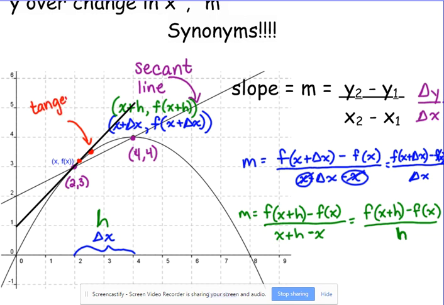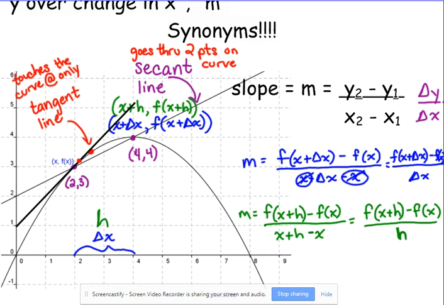The tangent line is different from the secant line. The secant line goes through two points on the curve. The tangent line touches the curve at only one point.